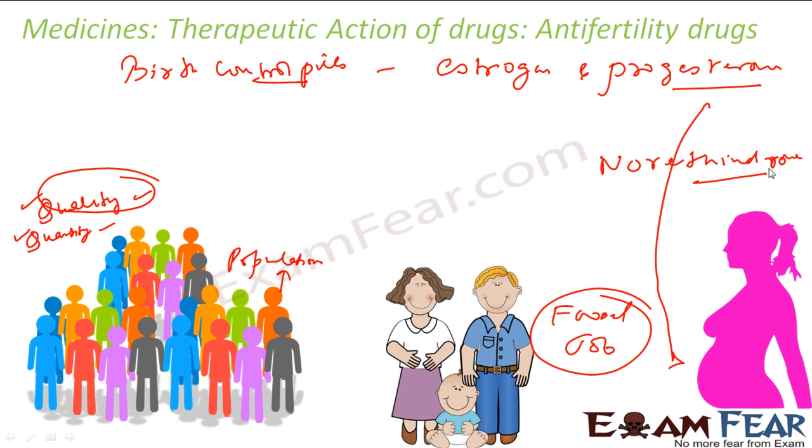And there are other anti-fertility drugs in the market which help in controlling the birth of a child, for example, novestrol. There are so many drugs in the market. You should remember a few of the names. And this novestrol is nothing but the combination of estrogen and progesterone.